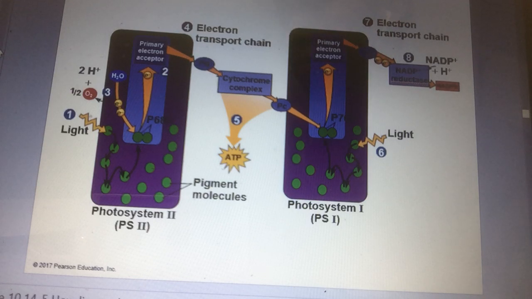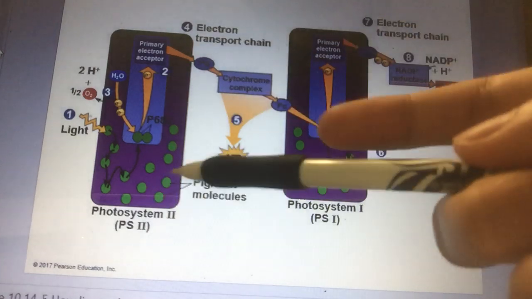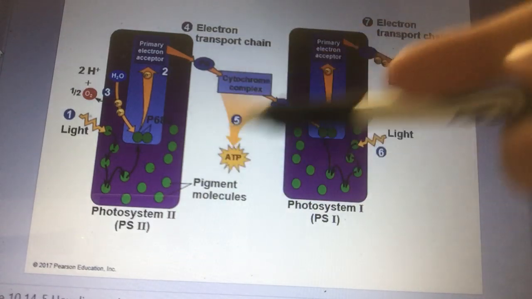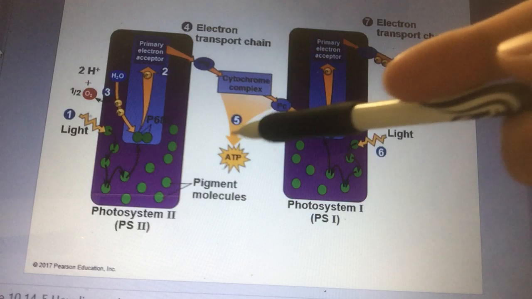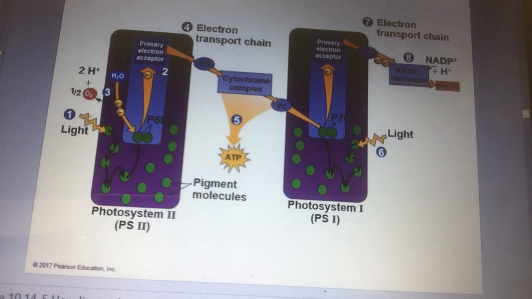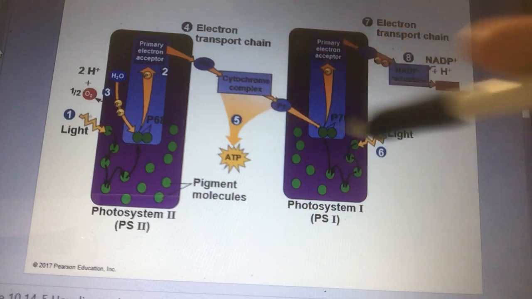Then step 5: potential energy that is stored in the proton gradient will drive the production of ATP through chemiosmosis, which I also explained in oxidative phosphorylation. Then step 6.